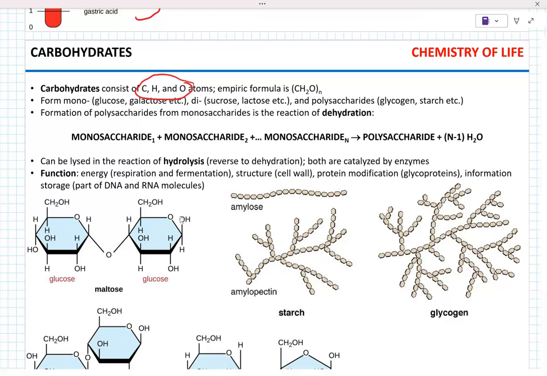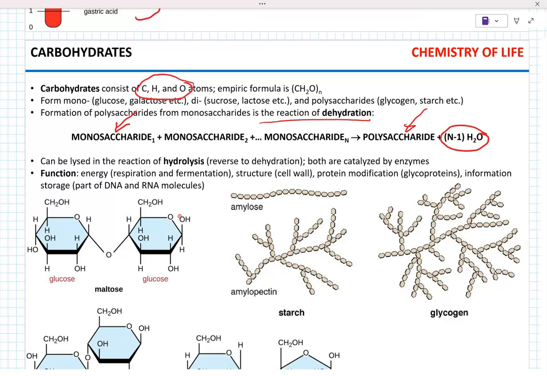I want you to understand at the basic level that we have a bunch of monosaccharides which you can combine together in a chain called polysaccharide. Another product of this reaction is water. This is why it's called dehydration synthesis. And if you want to break this chain back, you need just to add water and some enzymes. Okay? We good so far?